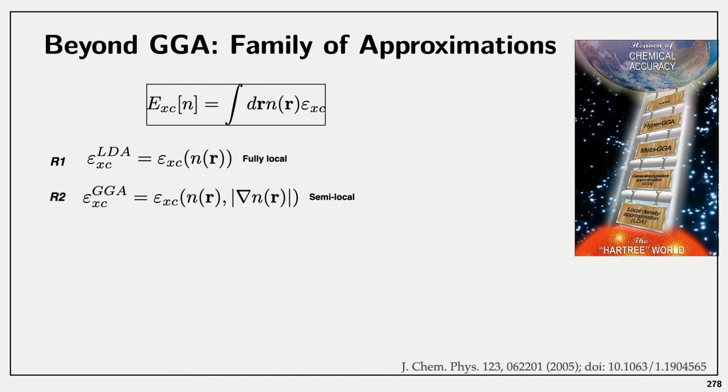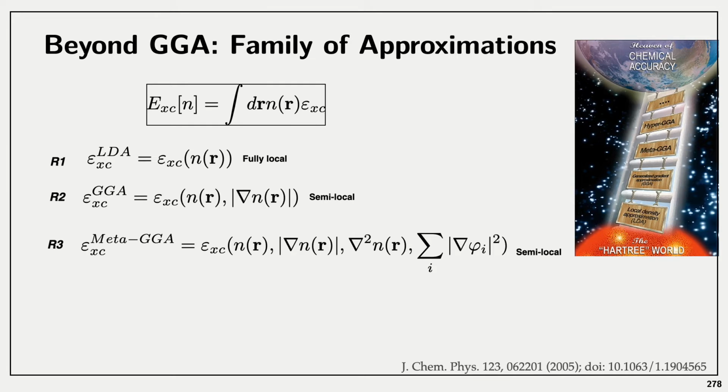So we basically take into account the variation of the density, not just the value of the density at the point. We will spend a little bit of time also on the next rung, which is meta GGA. In the meta GGA, the additional ingredient, the last part between the parentheses, is related to the kinetic energy calculated with the Kohn-Sham orbitals. So this is still semi-local, but it provides more information by computing this kinetic energy.